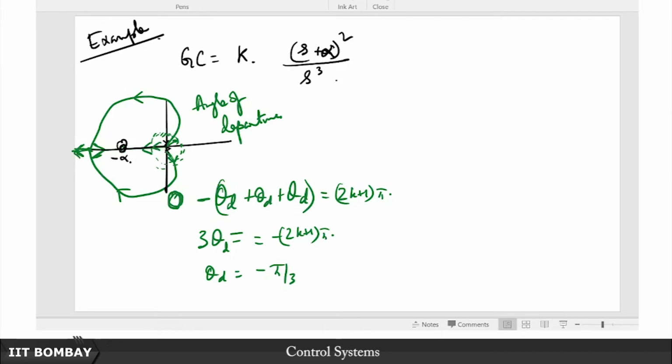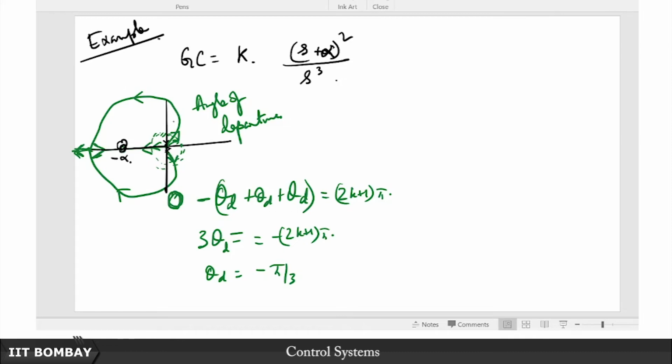Finally you allow k to be equal to 2, so 2 twos are 4 plus 1, that's 5, so minus 5 pi by 3. Minus 5 pi by 3 is minus 300 degrees, which is basically 60 degrees, so that's this branch. Those are the 3 directions along which departure happens.